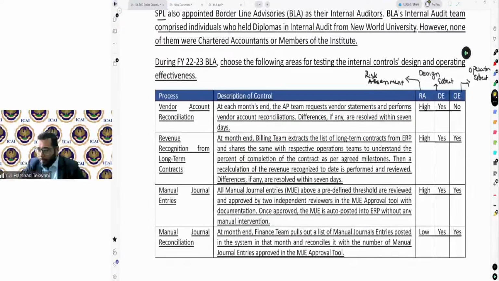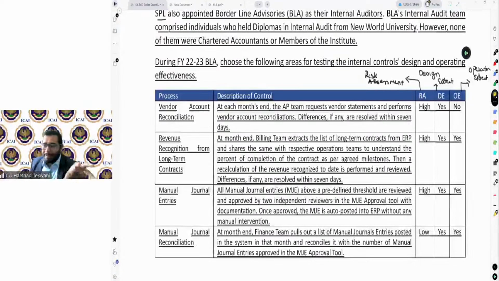There are 3 things I need to evaluate before I can rely upon the work of internal audit. Which are those 3 things?